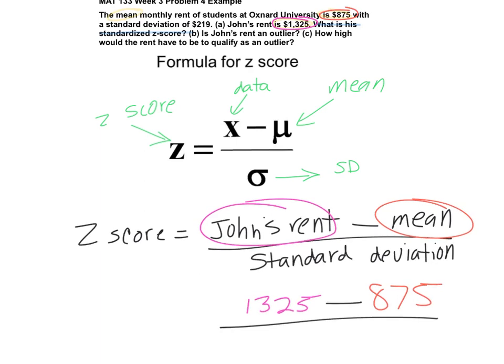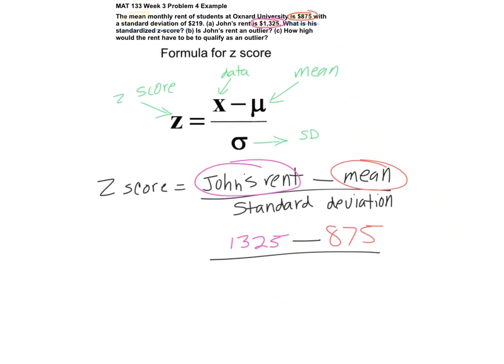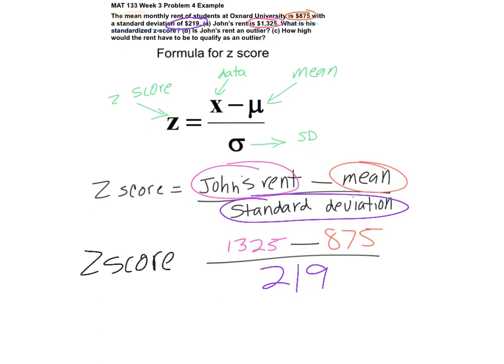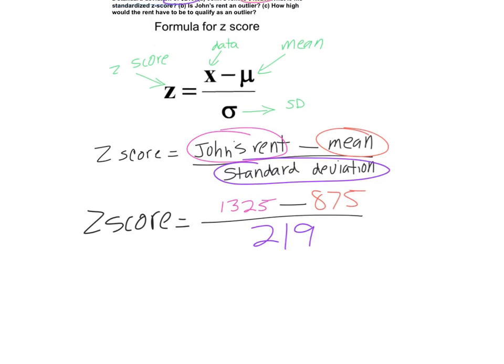And then we are going to divide that difference, once we calculate it in a moment, by the standard deviation. And the standard deviation, again, given to us in the problem, is $219. And again, this is going to give us the Z-score that we're being asked for in problem A.